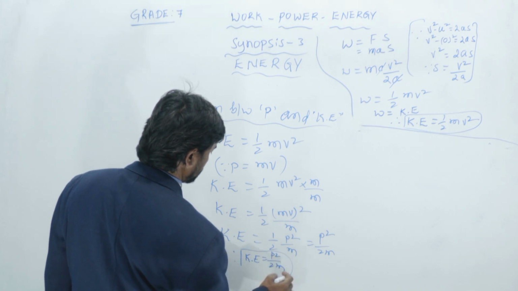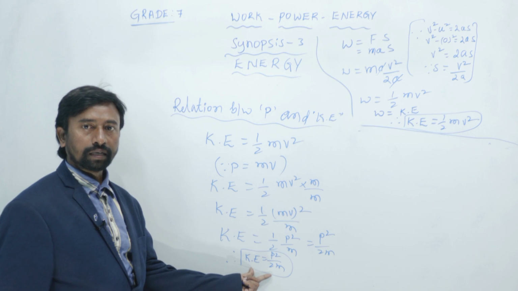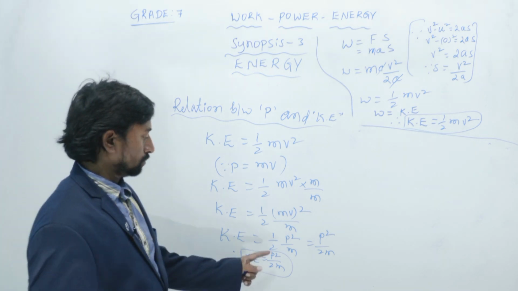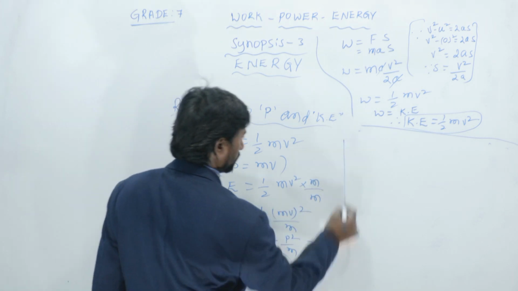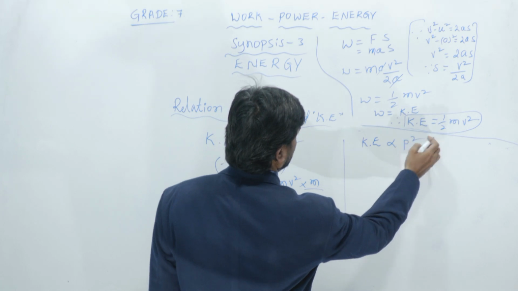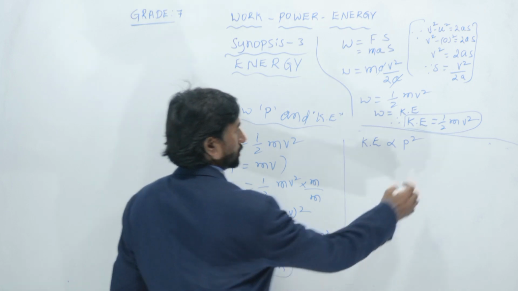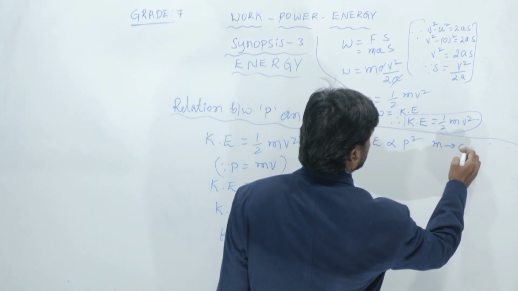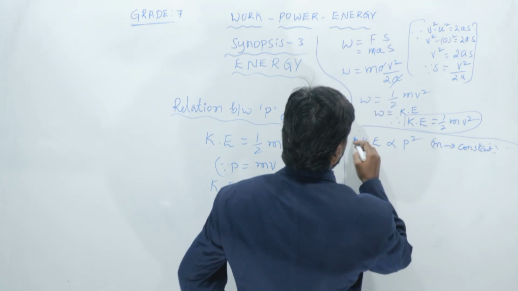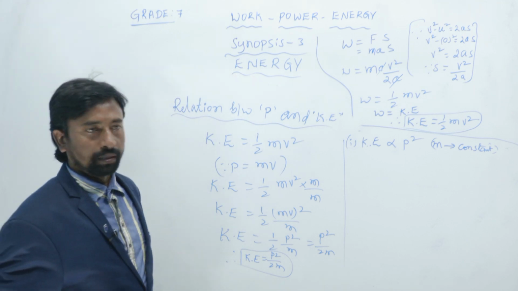P square by 2m. This is the relation between kinetic energy and the momentum. How is it related? Kinetic energy is directly proportional to the square of the momentum when the mass is constant. Mass is a constant value, so this is the equation we get.